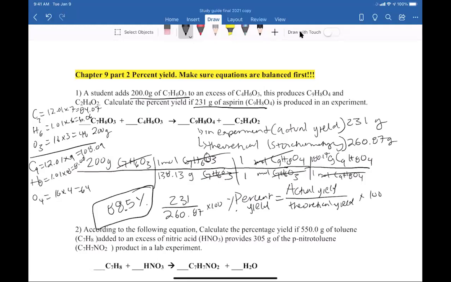Because it's a percent yield. Are there any questions? Okay.